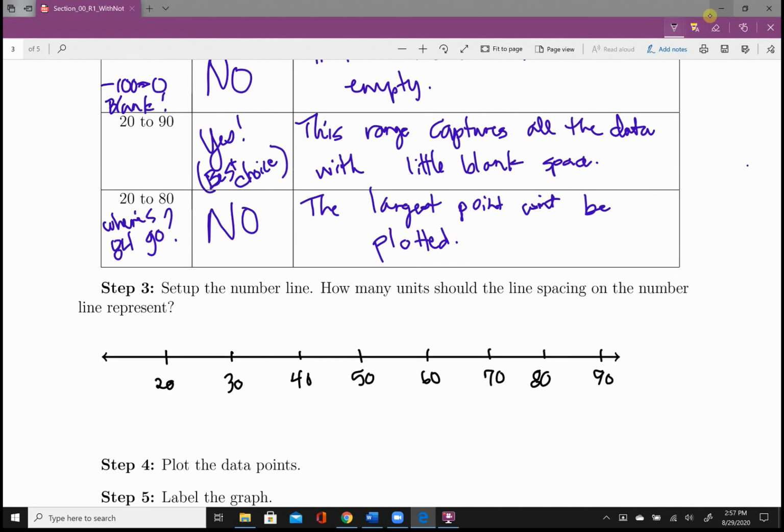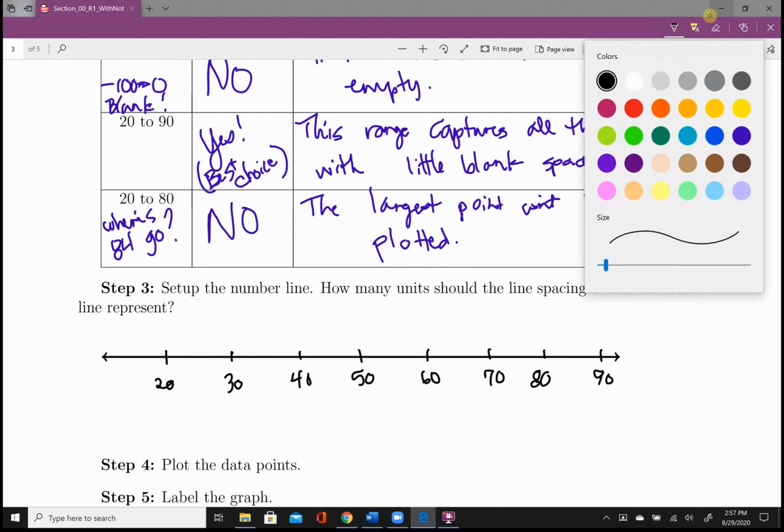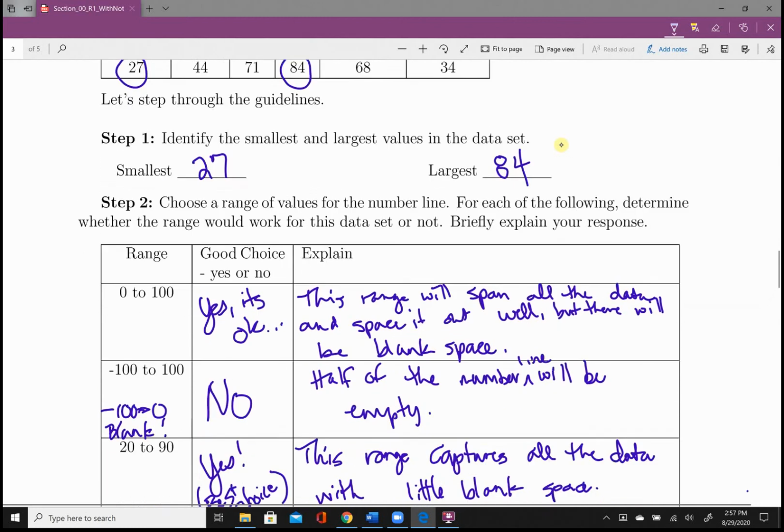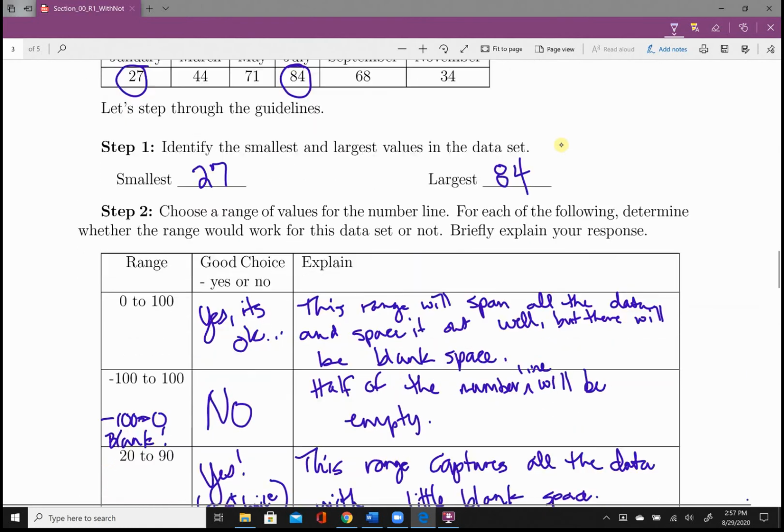Cool. Let's change the color to actually plot the points, and we'll plot them in, let's go lavender. That looks so cute. Okay, so the data was 27, then 44, then 71.